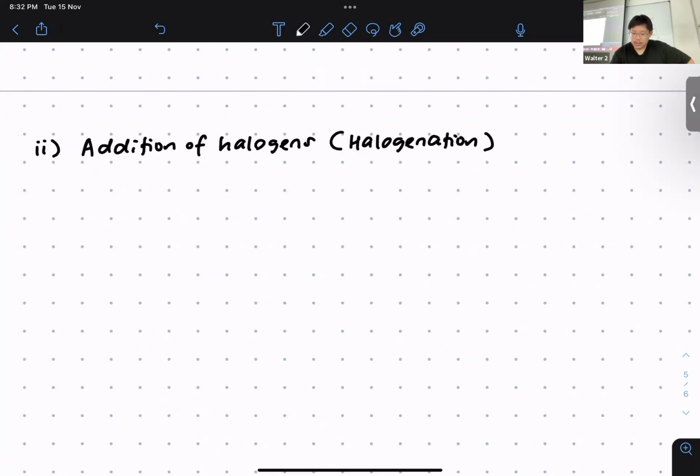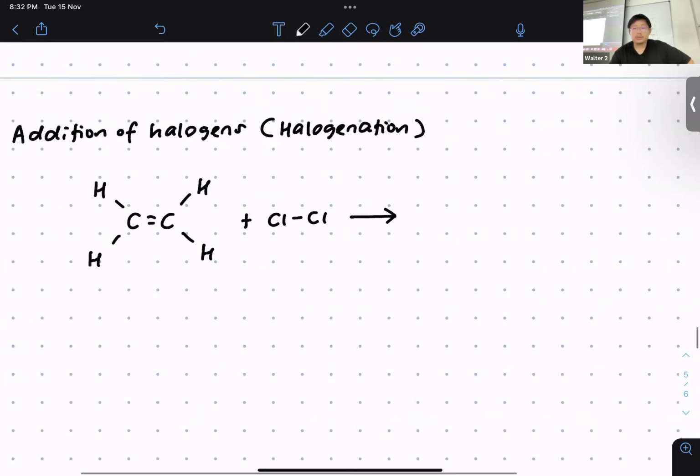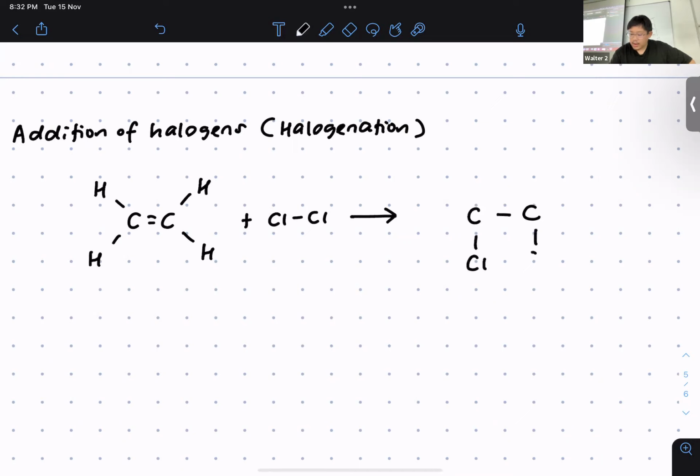We're going to use ethene again as an example. What you're doing is breaking the double bond inside the ethene structure and accommodating any halogen that's present. For example, ethene reacting with a chlorine molecule: the double bond can open up to accommodate new bonds with chlorine. Then what you'll get is dichloroethane.